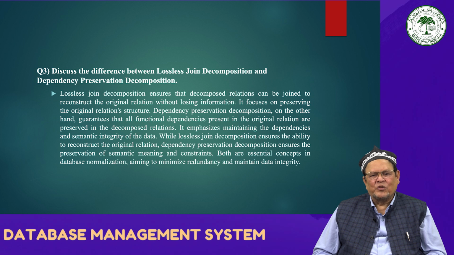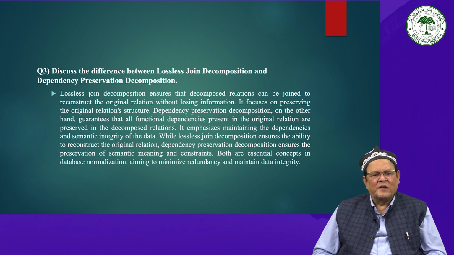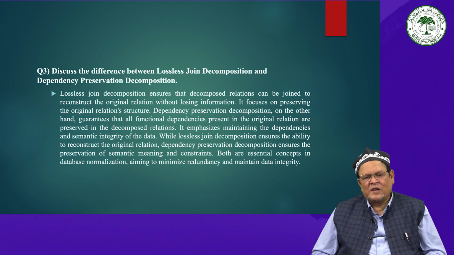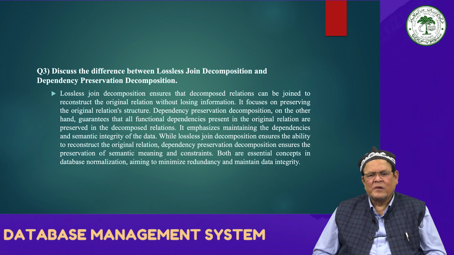Dependency preserving decomposition, on the other hand, guarantees that all functional dependencies present in the original relation are preserved in the decomposed relations. It emphasizes maintaining the dependencies and semantic integrity of data, while lossless join decomposition ensures the ability to reconstruct the original relation.